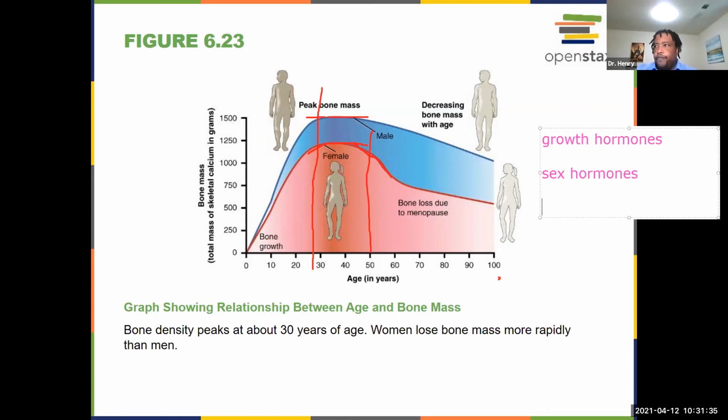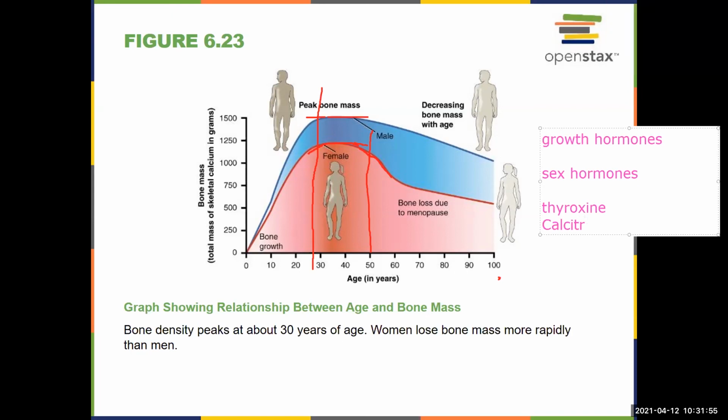We have thyroxine. And you'll notice that when you get to a certain age, you'll start using supplements, or doctors will start prescribing calcitriol, right? It's in your early 30s. What was that? I said it starts in your early 30s. Yeah.